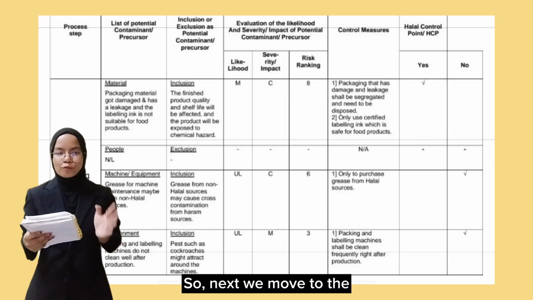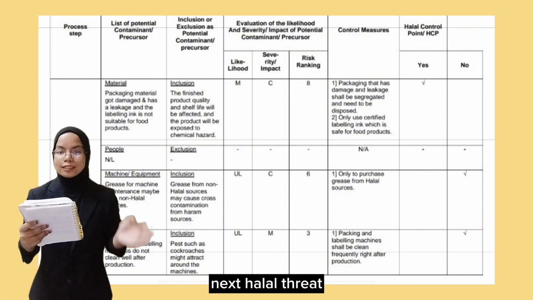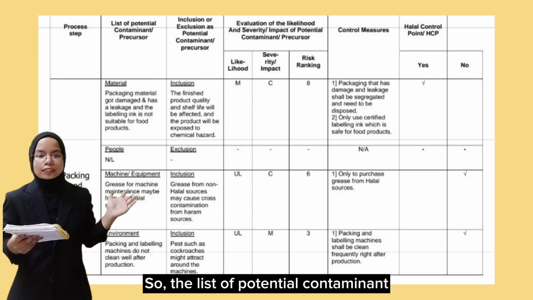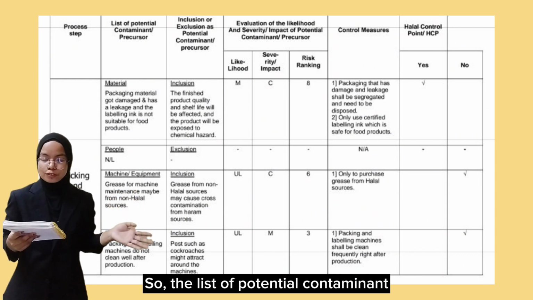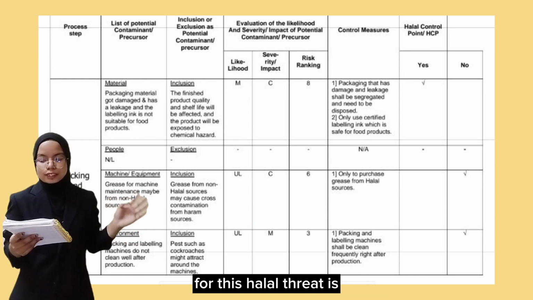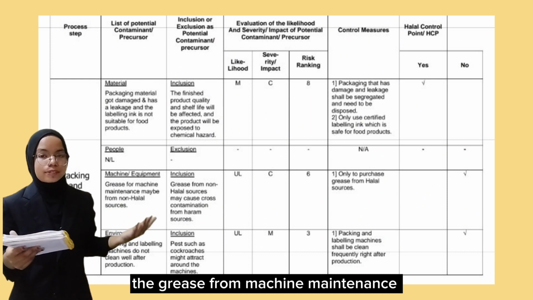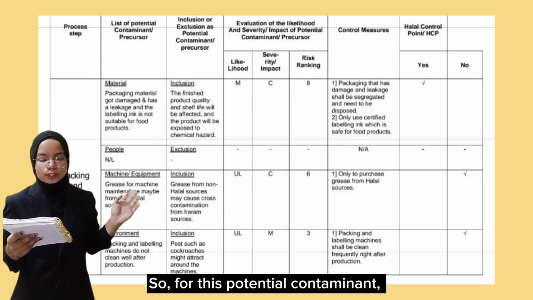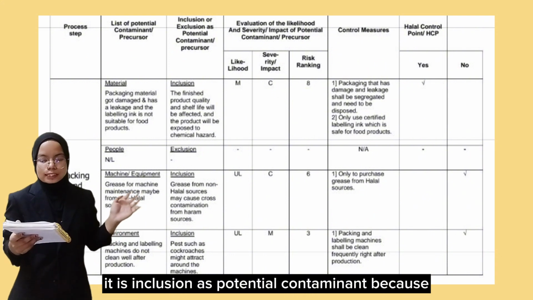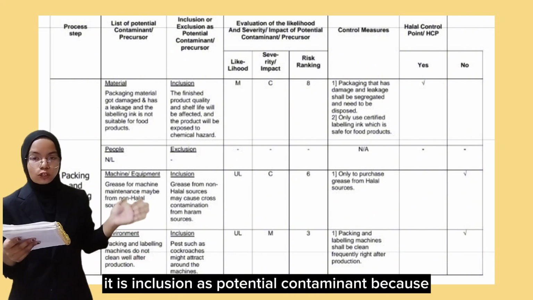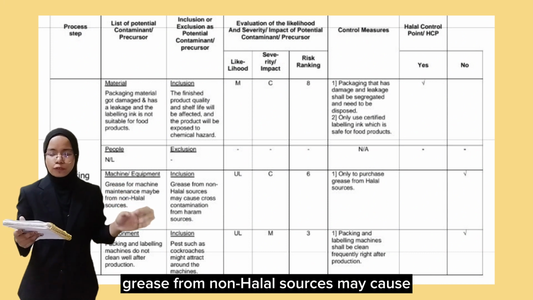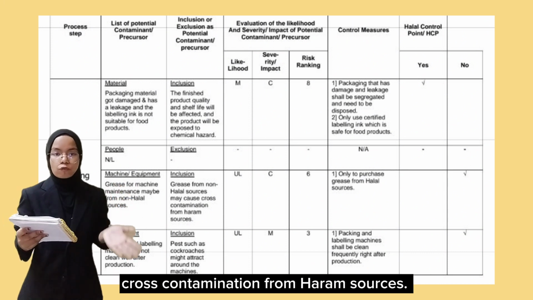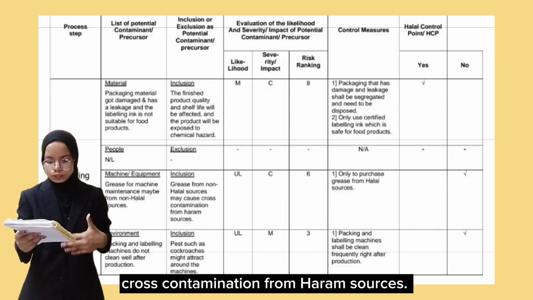Next, we move to the next halal threat, which is machines and equipment. The potential contaminant for this halal threat is grease from machine maintenance, maybe from non-halal sources. It is inclusion as potential contaminant because grease from non-halal sources may cause cross-contamination from haram sources.